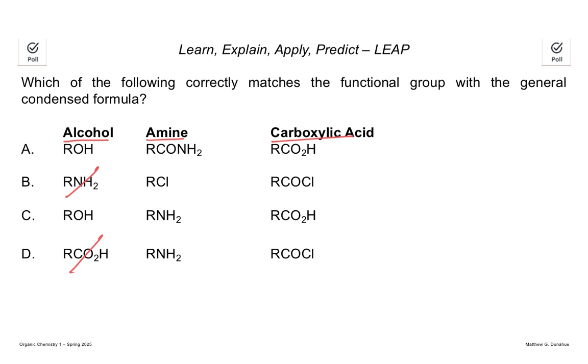One thing I want to point out for this: when that OH is bonded to a carbonyl, that's called a carboxylic acid. And again, that is different from an alcohol. So we have B and C, and the next column is amine. In choice A, that is representing an amide.